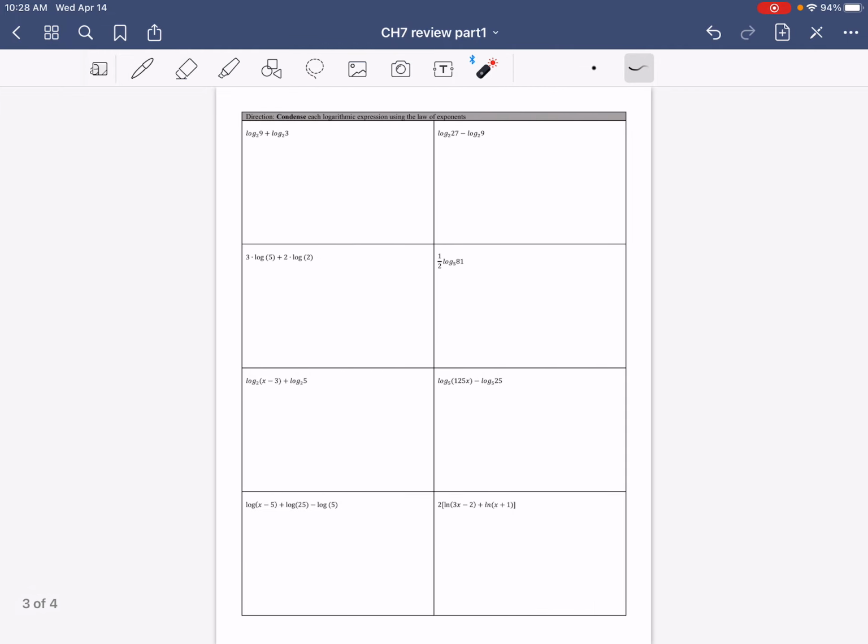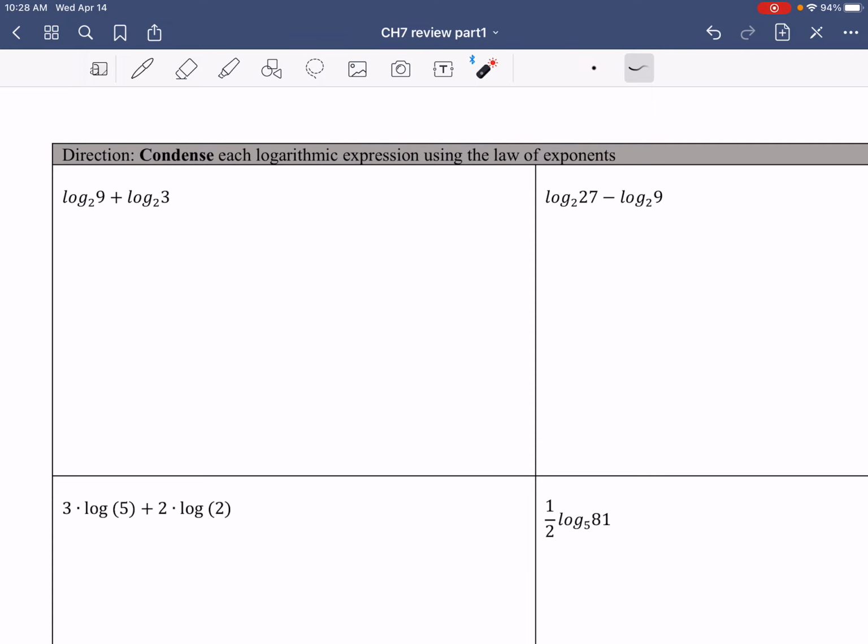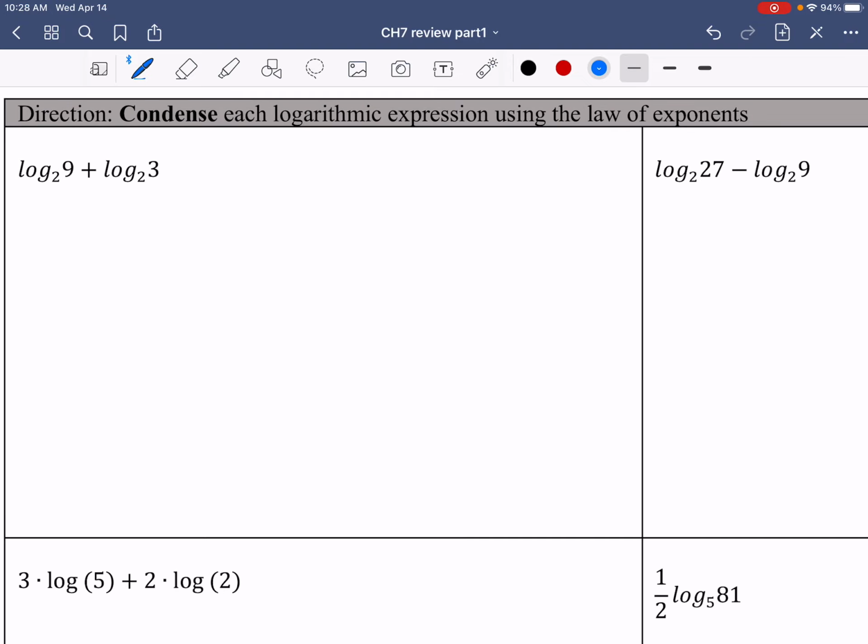Alright. Let's go here. Now what the question is saying is condense, which means simplify, right? Make it simpler. In order to do it, you should have the same base, which they have. They have the same base too, and it's plus, which means you're gonna multiply these two numbers.